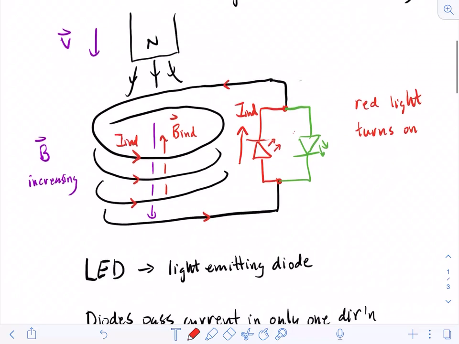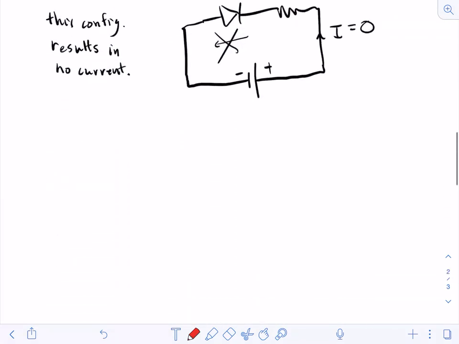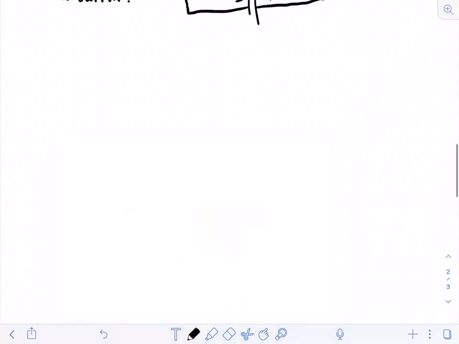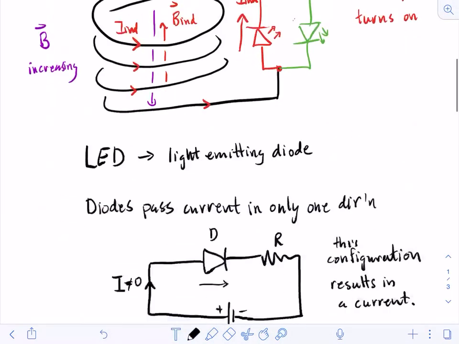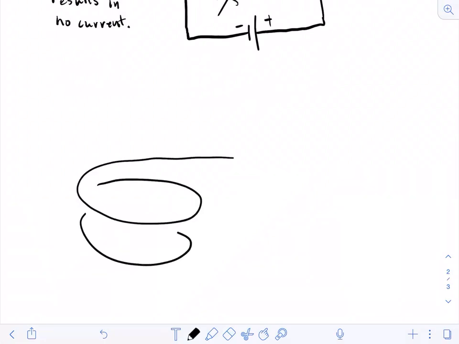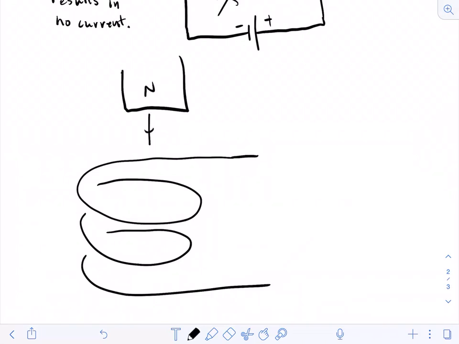Okay, so let's try to draw exactly the same thing. What we're going to have is a coil like this. Then we're going to have the north pole of a magnet like this.